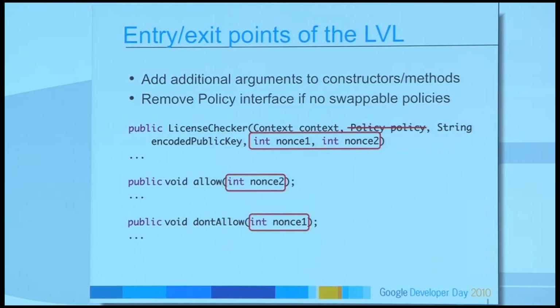The second way is you can remove the policy interface. If you only have one policy in your implementation, there's no need to implement the interface. You can just have that code in line with the rest of the code.